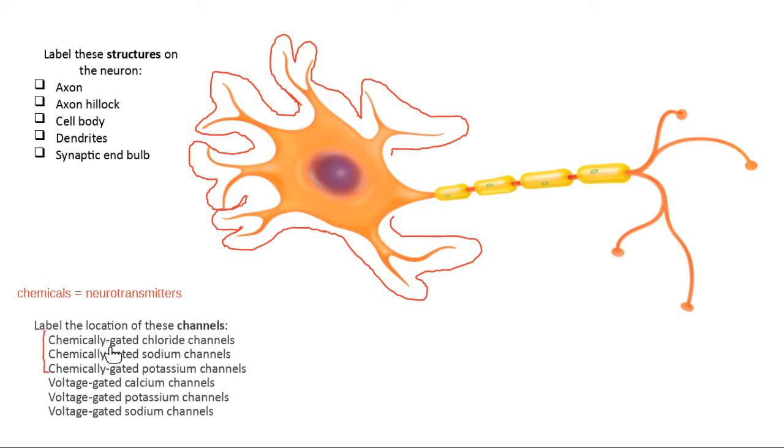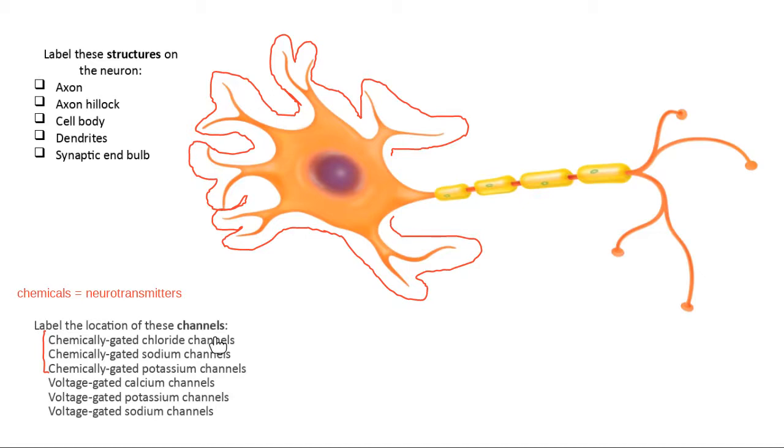I only have chemically gated channels at places on my neuron where there's a chance of bumping into chemicals. If I put chemically gated channels down here, there's never going to be a chemical there. That's a waste of a protein, because the only place I'd ever have those chemicals is up here at the dendrites.